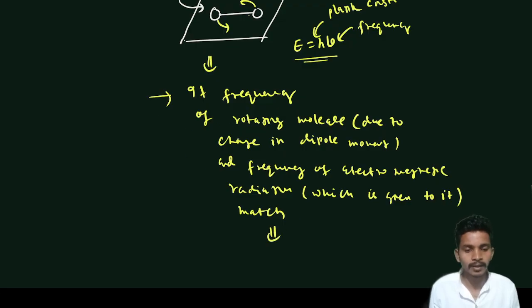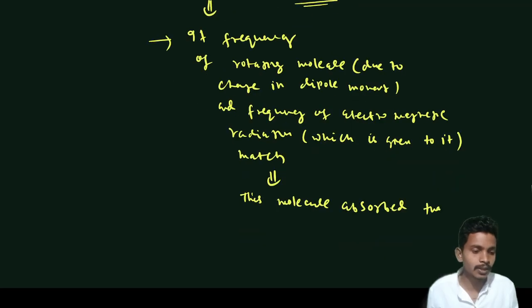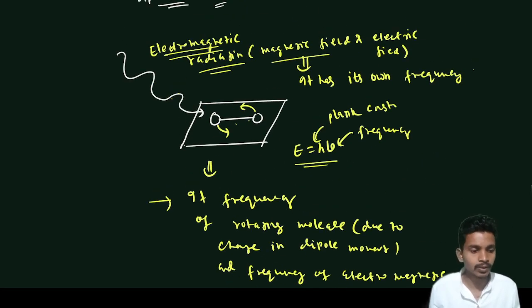then what will happen? The molecule is rotating with some frequency, and we are giving electromagnetic radiation to it. If the frequency of the molecule and the frequency of the radiation match, then the molecule absorbs that frequency, and frequency means energy, h nu. So if the frequency increases, ultimately energy increases.